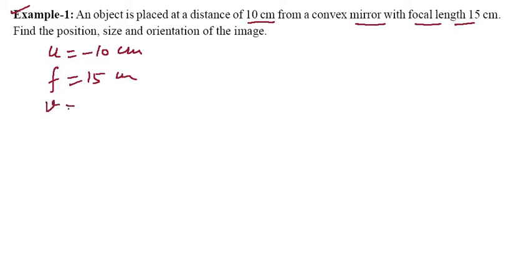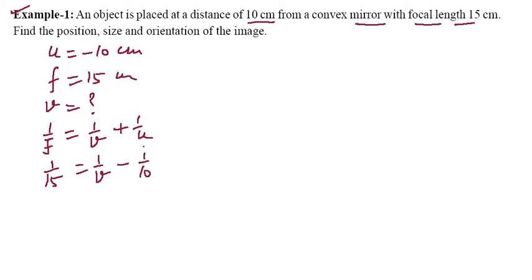So find the v. The formula is 1 upon f is equal to 1 upon v plus 1 upon u. Now put the values. So 1 upon 15 is equal to 1 upon v minus 1 upon 10, because u is negative. So transfer to the left hand side: 1 upon 15 plus 1 upon 10 is equal to 1 upon v.